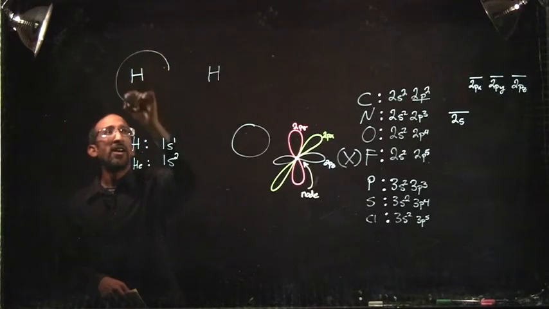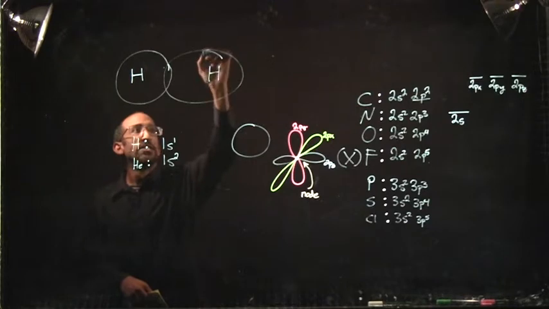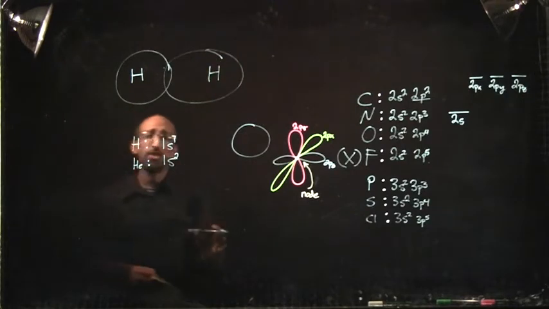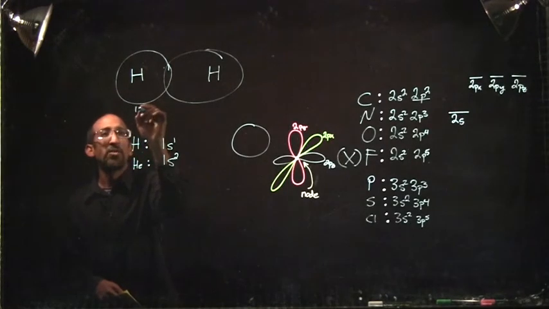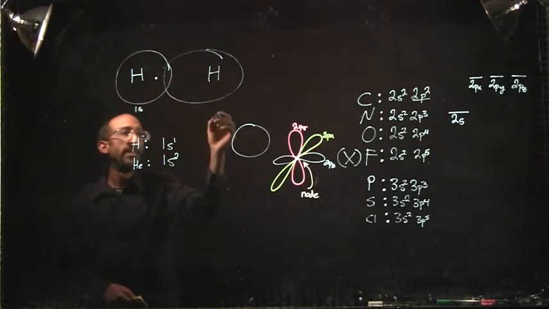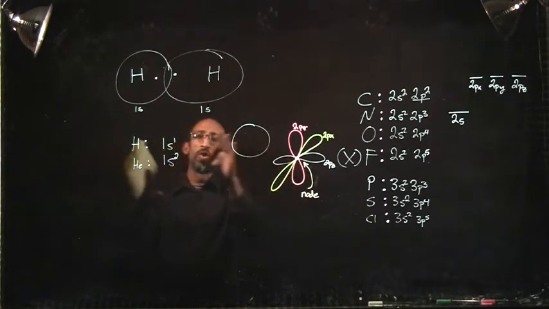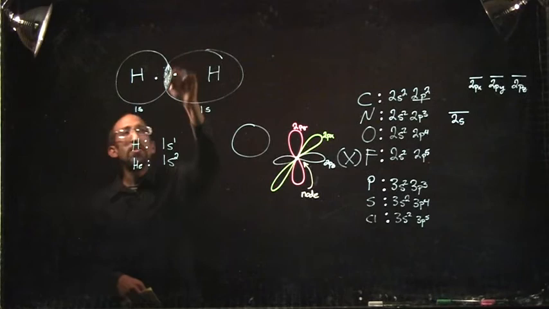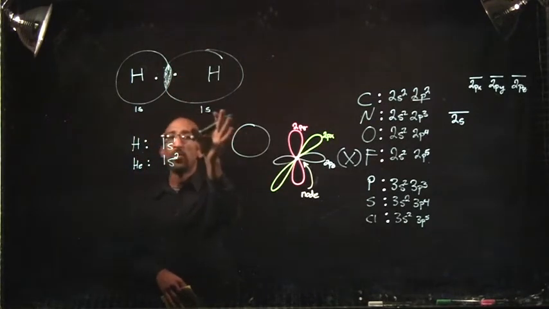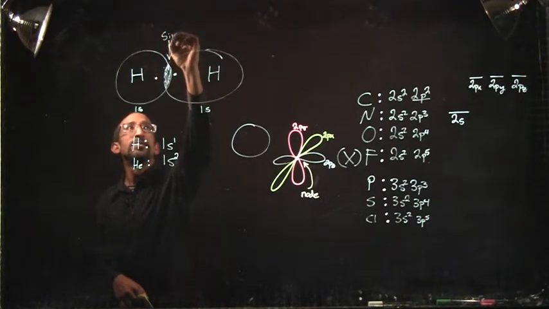Please use your imagination due to the crudeness of my drawings, but if we imagine that each of these has a 1s orbital with 1 electron in it, we see that when these 2 orbitals overlap, we have created this region here, and this overlap between the 2 1s orbitals is our single bond.